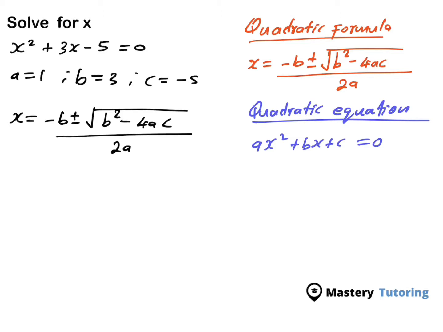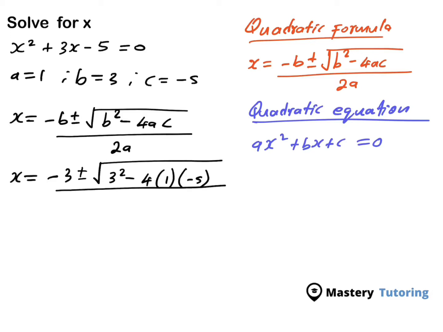All right, now we substitute. x equals minus b, which is 3, plus or minus the square root of b again, 3 squared, minus 4, a is 1, and then c is minus 5 there. So I'm basically taking these numbers and substituting them into this formula. Then we divide by 2 times a, and this a here is going to be this one there.